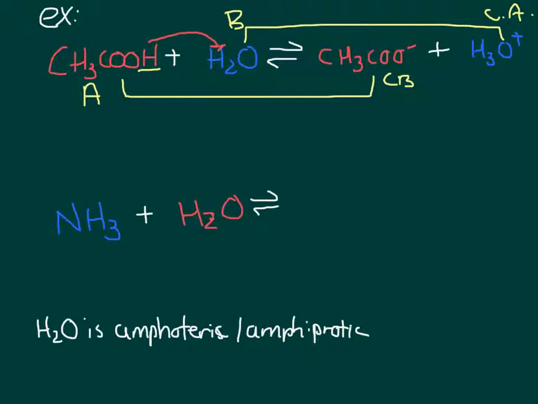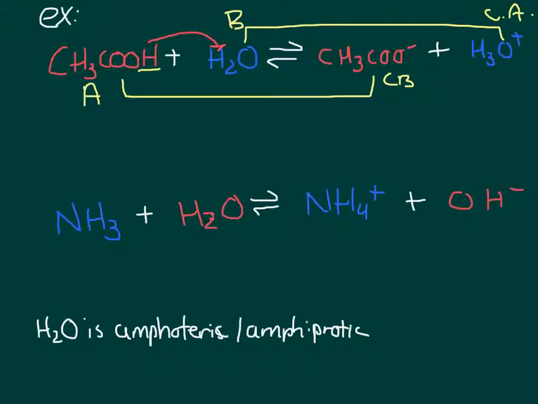Another example, NH3, ammonia, is considered a weak base. It is reacting with H2O. So since NH3 is our base, water is going to be the one donating a proton. So we make NH4+, and that water loses that hydrogen to become OH-.